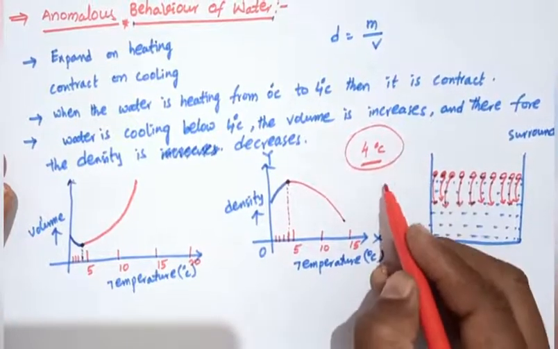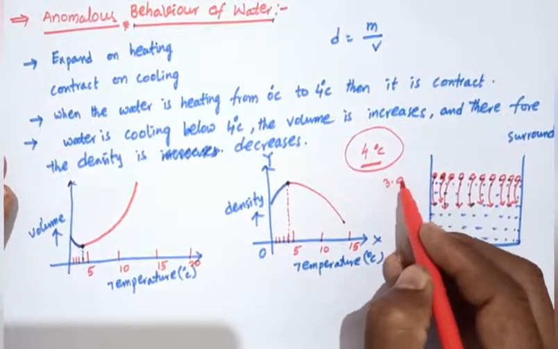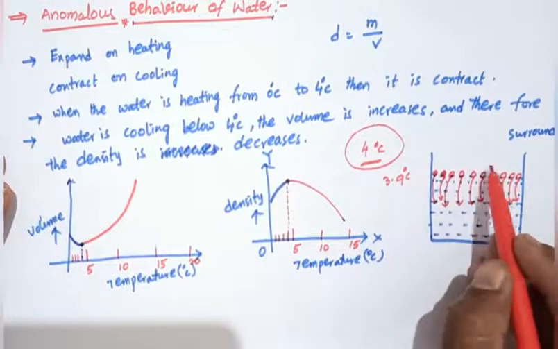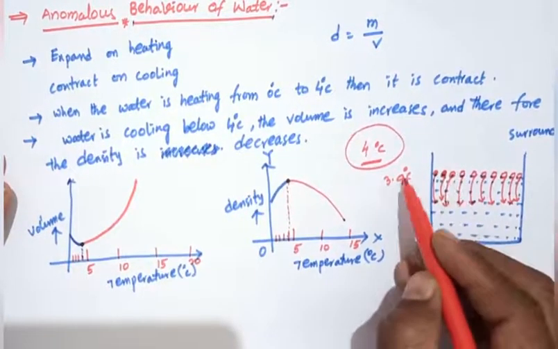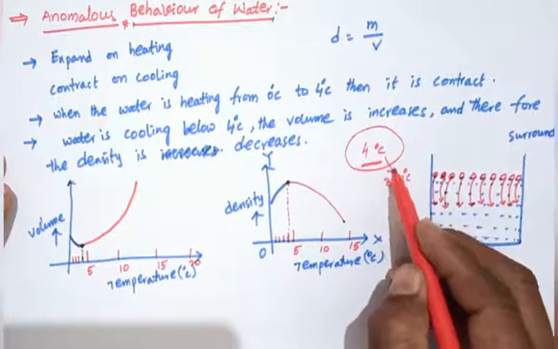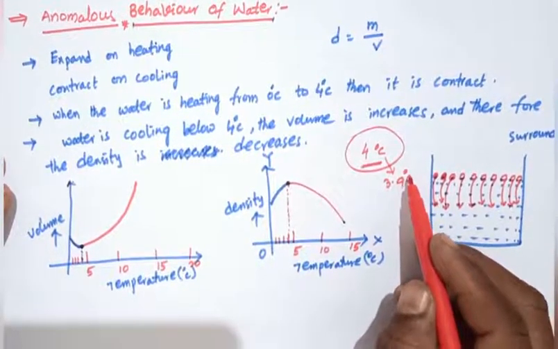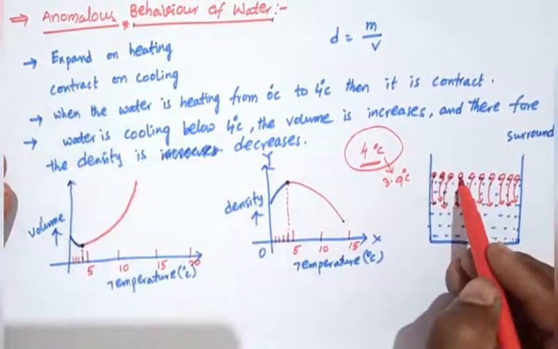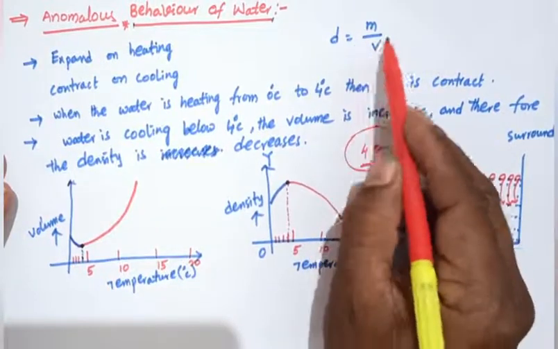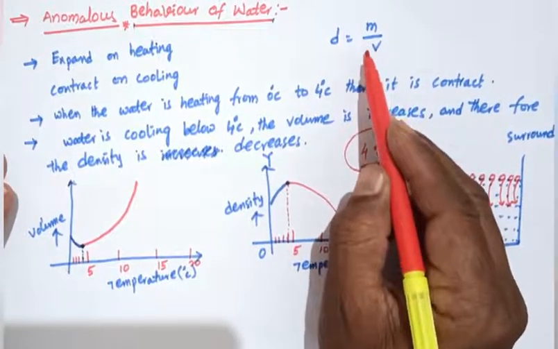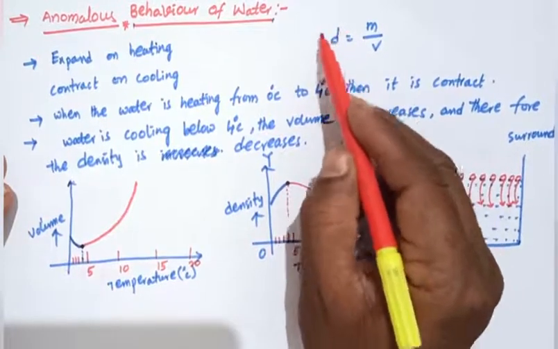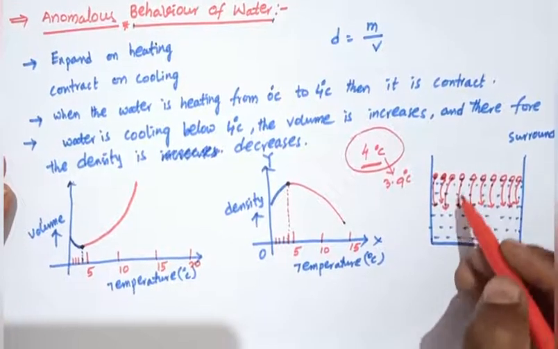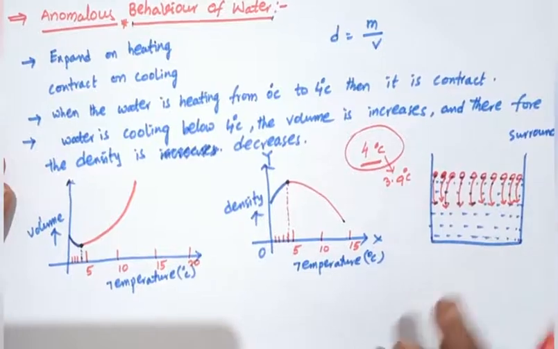From 4 degrees Celsius to 3.9 degrees Celsius, the top layer particles, when the temperature decreases, what happens? They do not contract, they expand. Expanding is nothing but the volume increasing. When the volume increases, the density decreases. When the density decreases, the water molecules do not sink, they float on the surface.